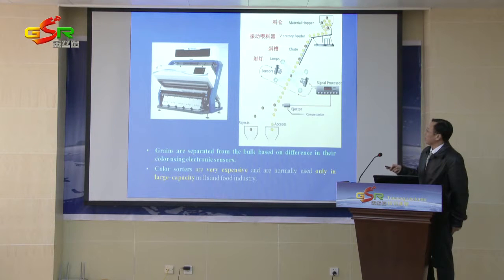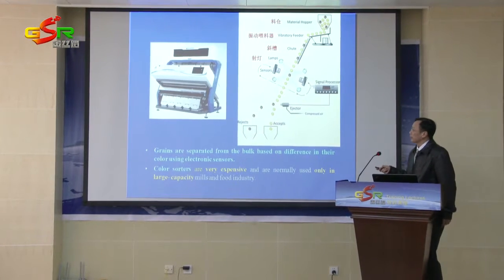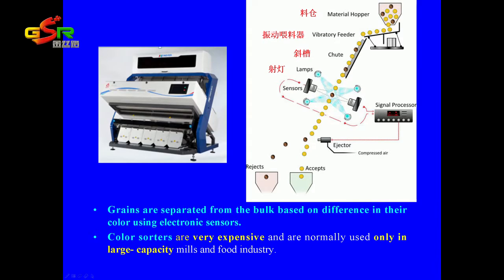Sometimes we also use the color sorter to remove different-colored foreign material. But color sorters are very expensive and are normally used only in larger-capacity mills and the food industry.